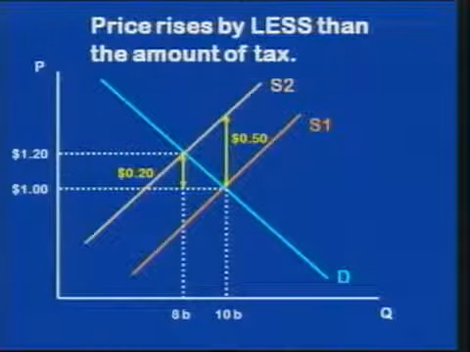What that means is suppliers are now getting 50 cents less, and they're willing to supply less of the good. And so now there is excess demand. Demand exceeds supply, and that bids up the price until you move to the new equilibrium. The other way you could see it is suppliers immediately slap the 50 cents on top of their price, and we move to here.